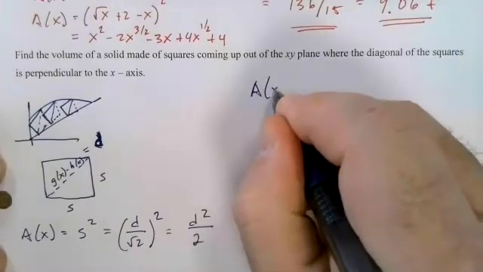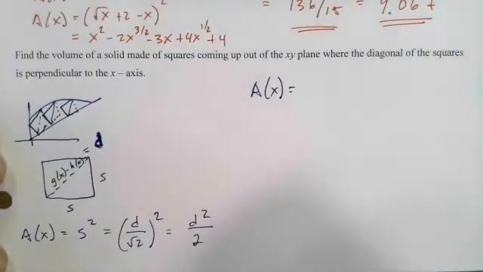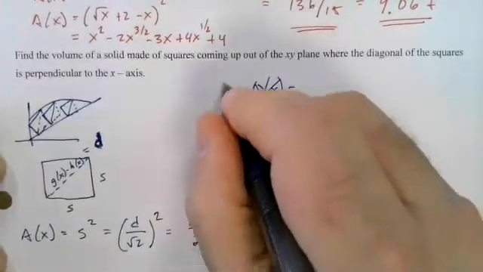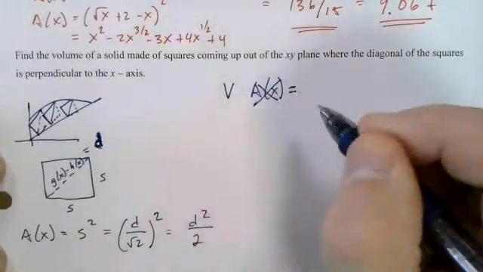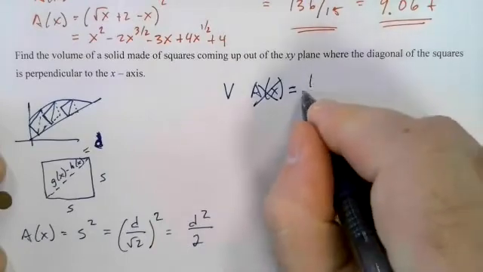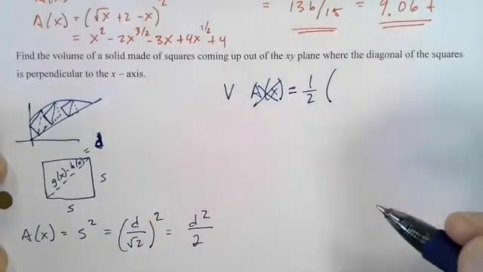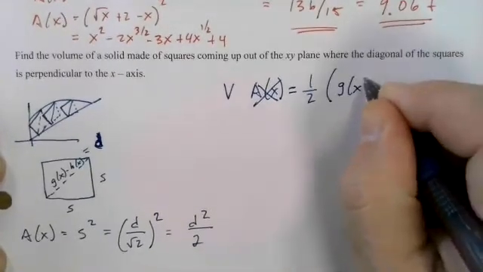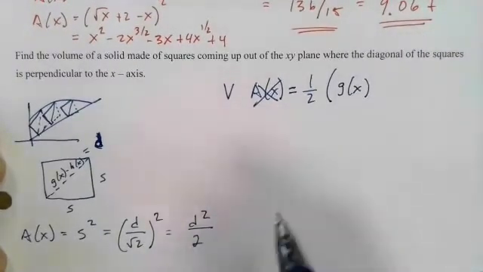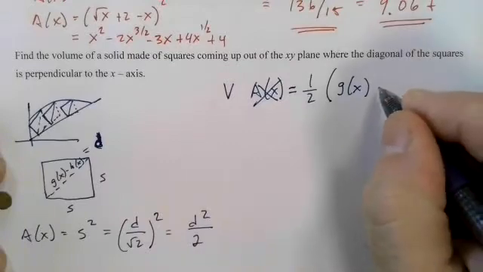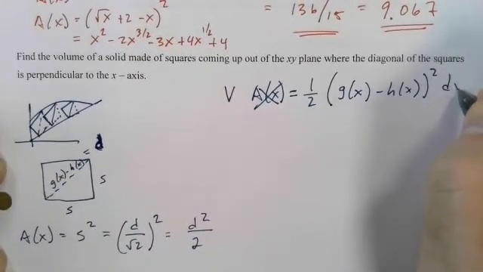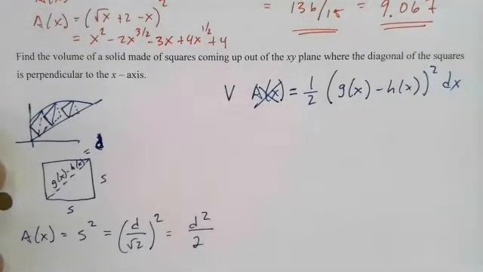So the area, pardon me, wow, did I really write area? That's bad. Volume equals 1/2 the integral of g of x minus h of x squared dx.